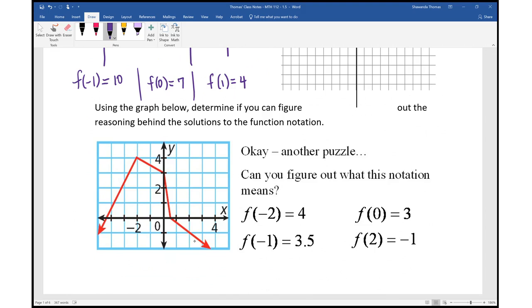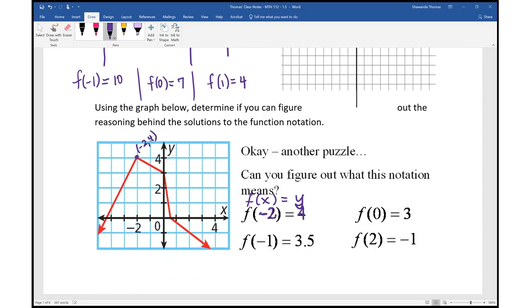So hopefully you paused the video. Now, if you notice, we have f of negative 2 equals 4. We know that f of x equals y. So this is our x and our y. X is negative 2, y equals 4. So guess what? That is a point on the graph.